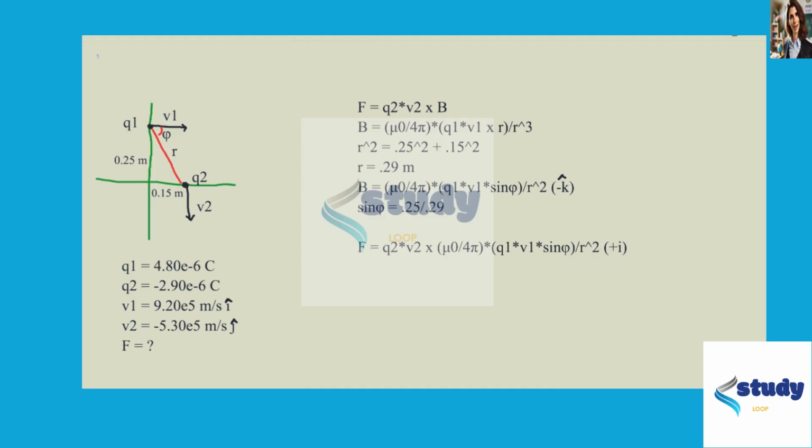So now we know our directions here, which is good. And keep in mind, since the minus k hat direction and the minus j hat direction are perpendicular, the angle between those will be 90 degrees. So the sine of 90 degrees is 1, so we don't have to worry about taking any additional sines of any angles.